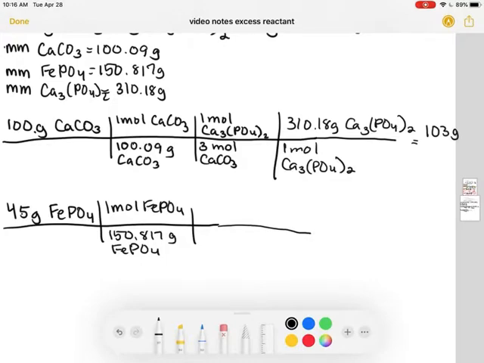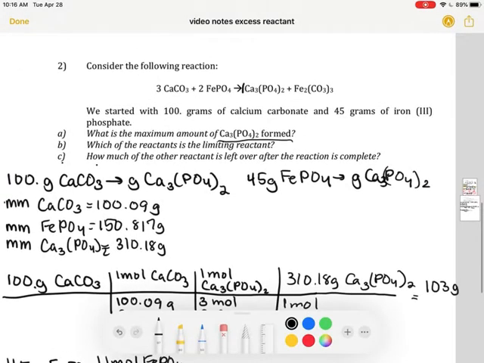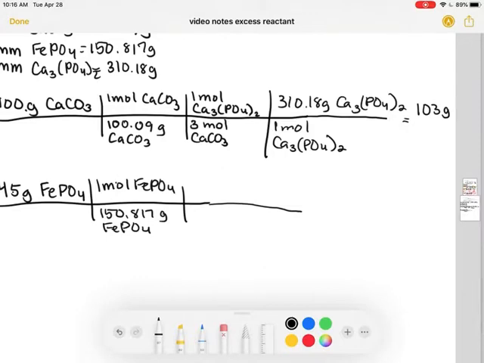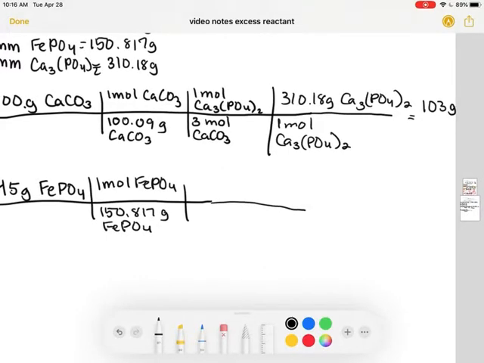Okay, let's take a look at our mole ratio. So there are 2 moles of iron 3 phosphate for every 1 mole of calcium phosphate.